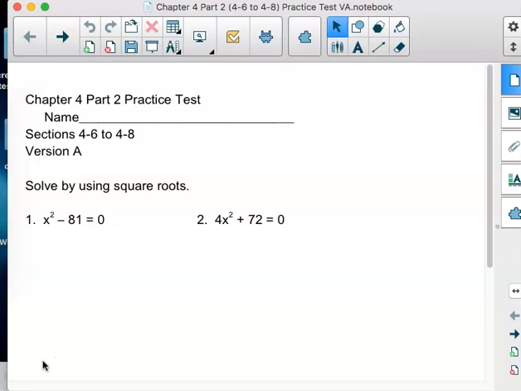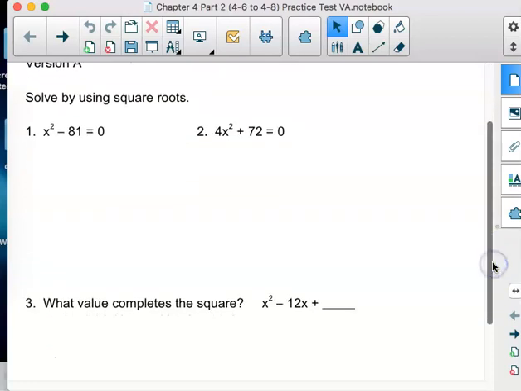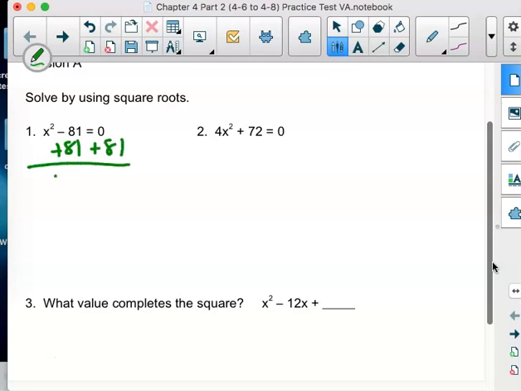Take a look at number 1. Thoughts? Add 81 to both sides. Sounds like a good way to start. Square root of both sides.